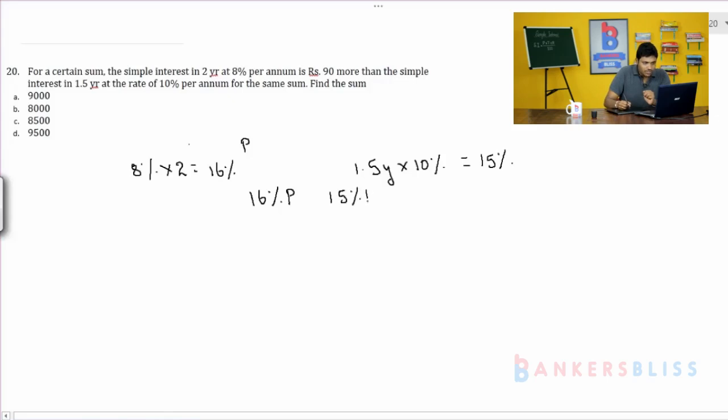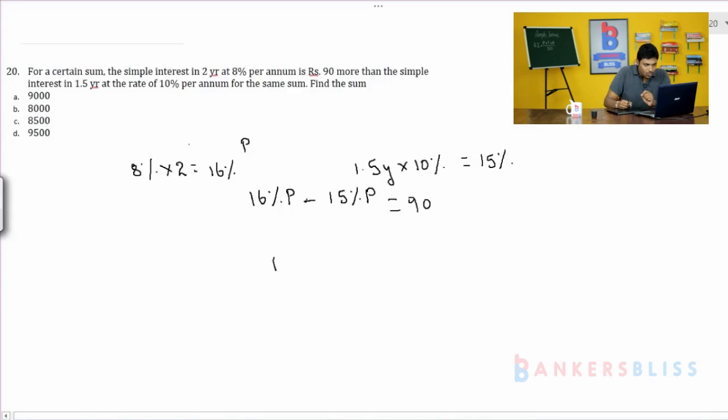So, 16% on the principal amount is the one interest, 15% on the principal amount is the second interest. According to the question, the principal amount is the same, but only the interest amount is different. So, 90 rupees more means the difference of 16% of P and 15% of P is 90.